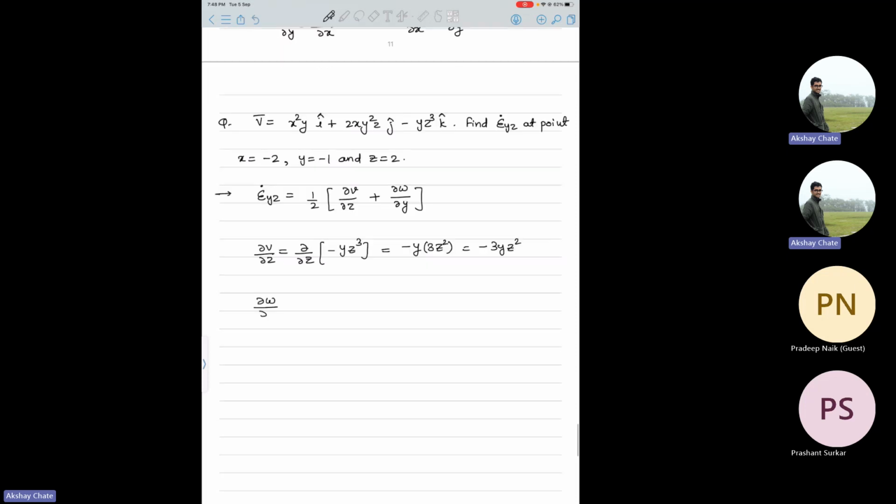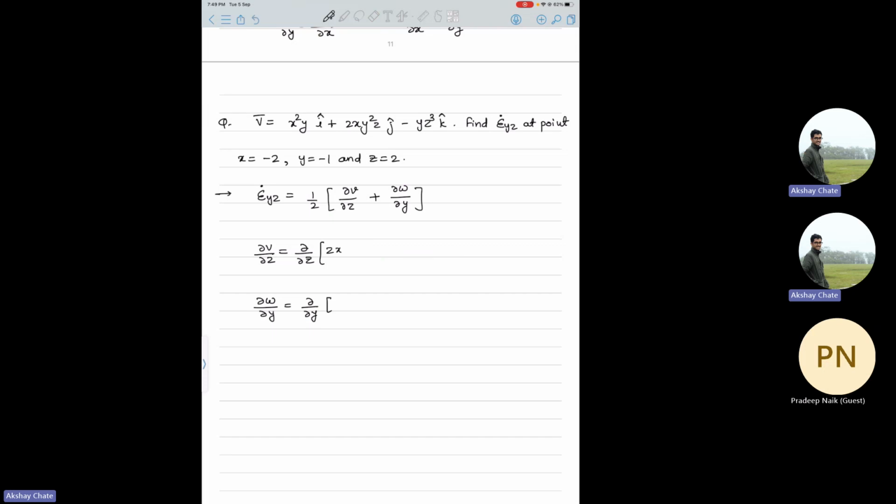And del w by del y will be del by del y of w. W is, sorry, I made a mistake. This is w, not v. So v is 2xy square z, and del v by del z will be 2xy square.